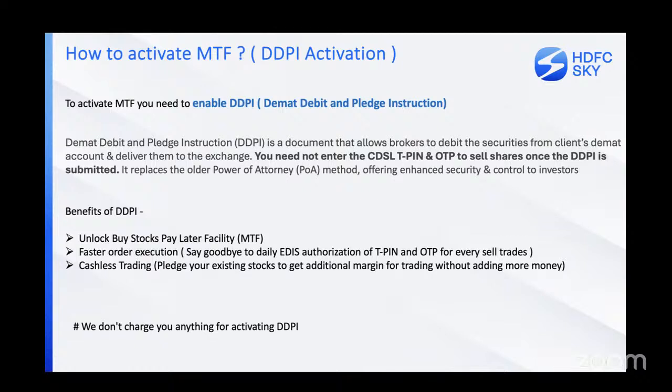But whenever you sell any shares, you are asked to enter a T-PIN which is provided by CDSL when you open the account, and you also have to enter the OTP.